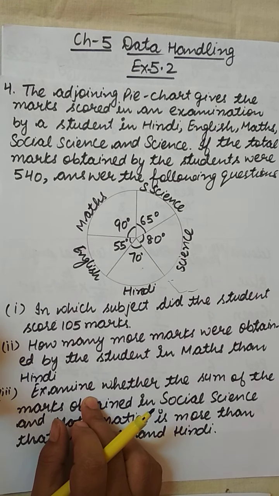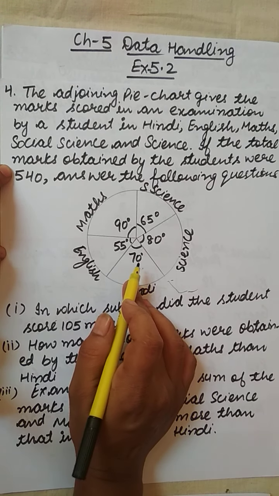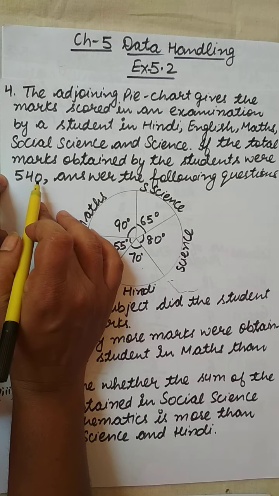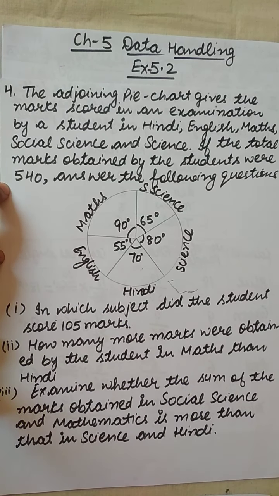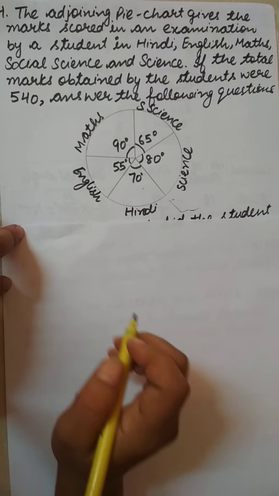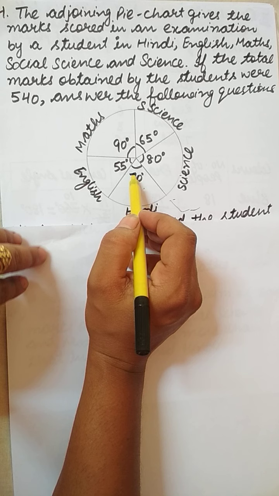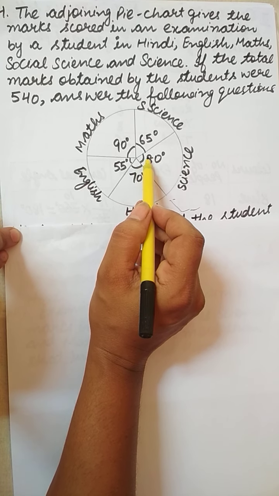Students, what we will do in this question, firstly we will calculate the marks for all the subjects. As the central angles are given and the total marks is given, firstly I will calculate the marks for all the subjects. As the central angle is given for all the subjects and we know that the total angle for a circle is 360 degree.